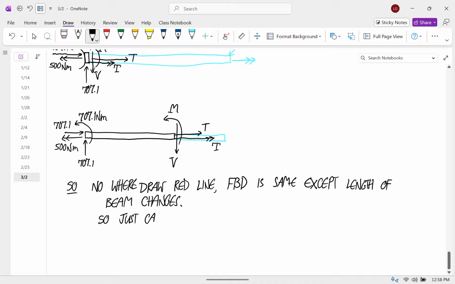So we'll just call the length X and do one free body diagram that represents every possible red line.